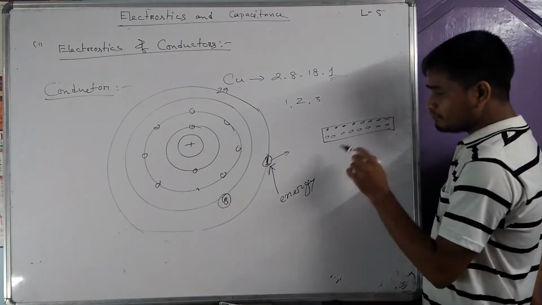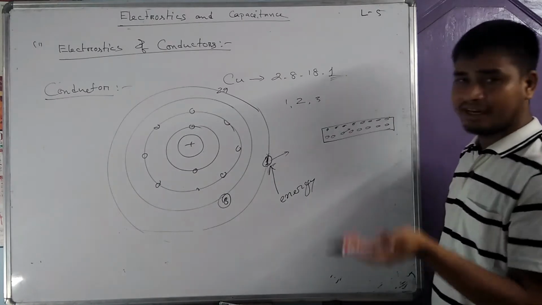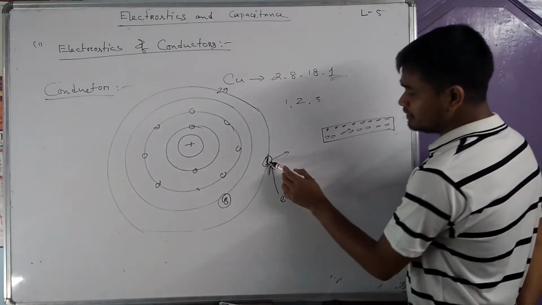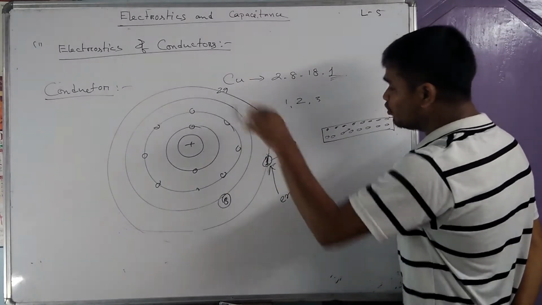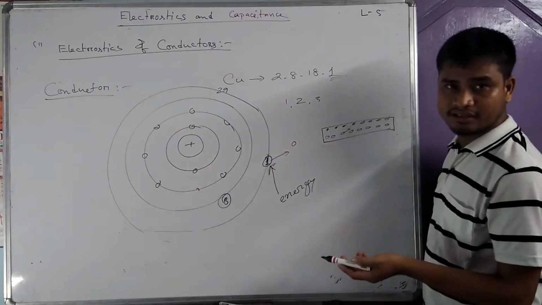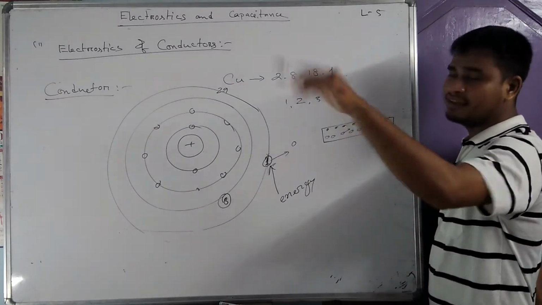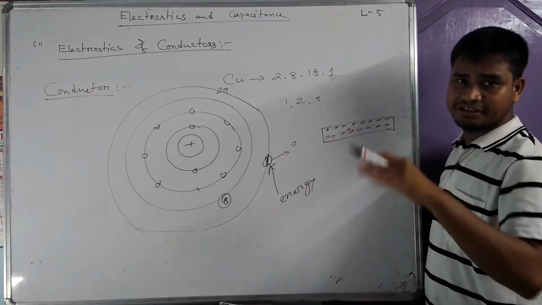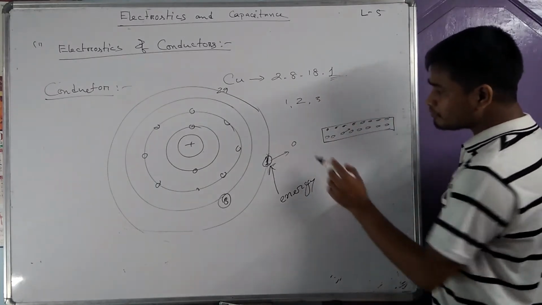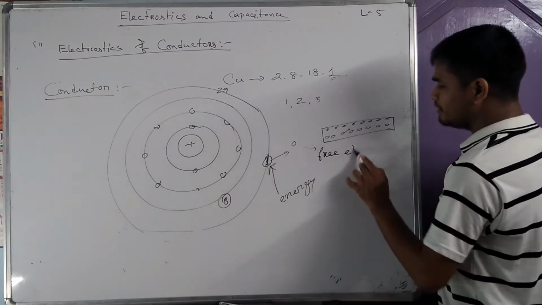Then the electrons from each atom can eject. This electron is ejected and moves inside the conductor. What is its direction? Random. It will move here and there in many directions and collide with each other. Therefore those electrons are called free electrons.